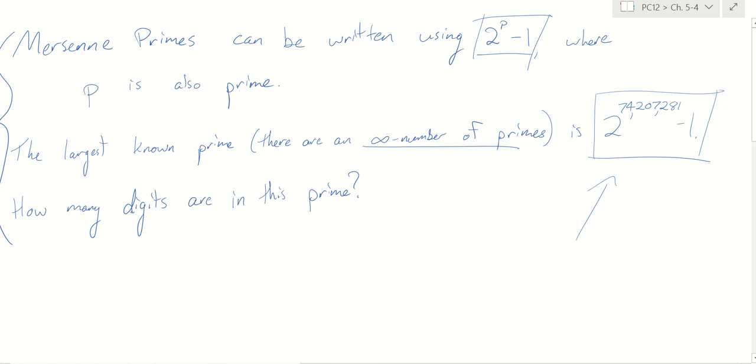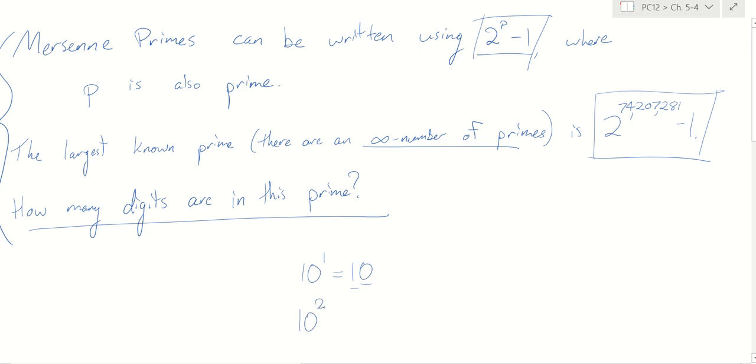One thing we can figure out is exactly how many digits are in this prime. And to figure out how many digits are in this prime, one thing we'll need to be able to do is to write this in terms of base 10. If we can write this in terms of base 10, then we're going to know how many digits exist, right? So if we have 10 to the 1, this gives us 10, which is 2 digits long.